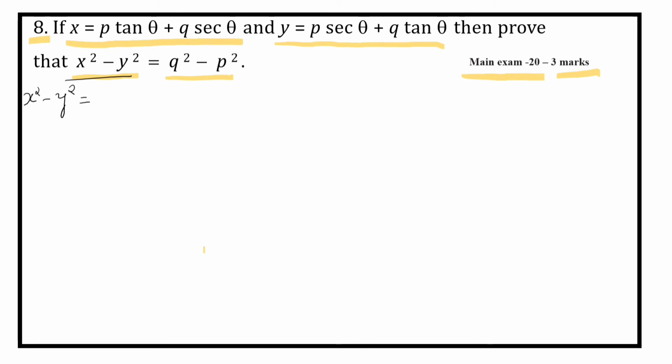Here x square is, x is p tan theta plus q secant theta, the whole square, minus y is p secant theta plus q tan theta, the whole square.